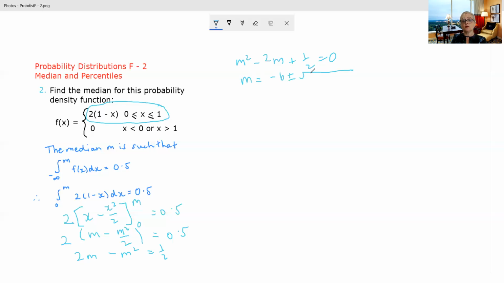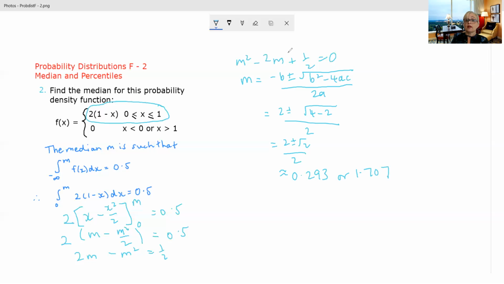Just to remind you, again, we're bringing in stuff that we've learned in previous years. So this will be 2 plus or minus square root 4 minus 4 times ac will just be 2, over your 2. So we get 2 plus or minus root 2 all over 2, which is approximately, now the first one you're going to get about 0.293, and the higher value you're going to get about 1.707.